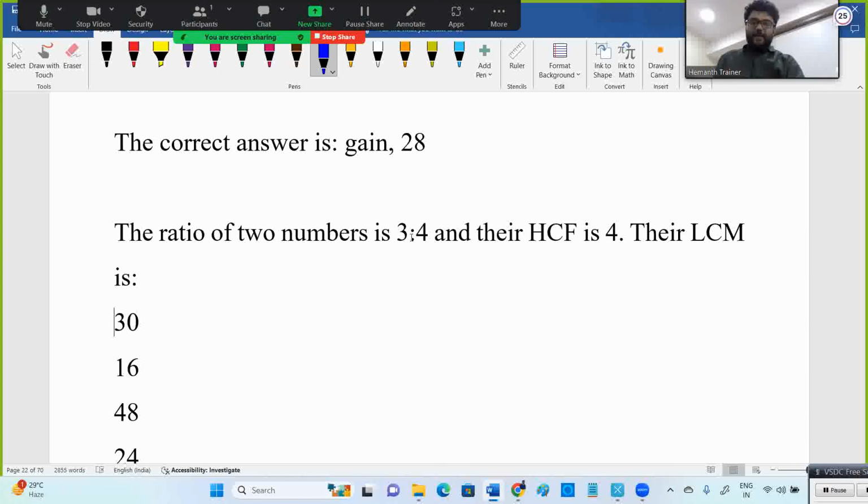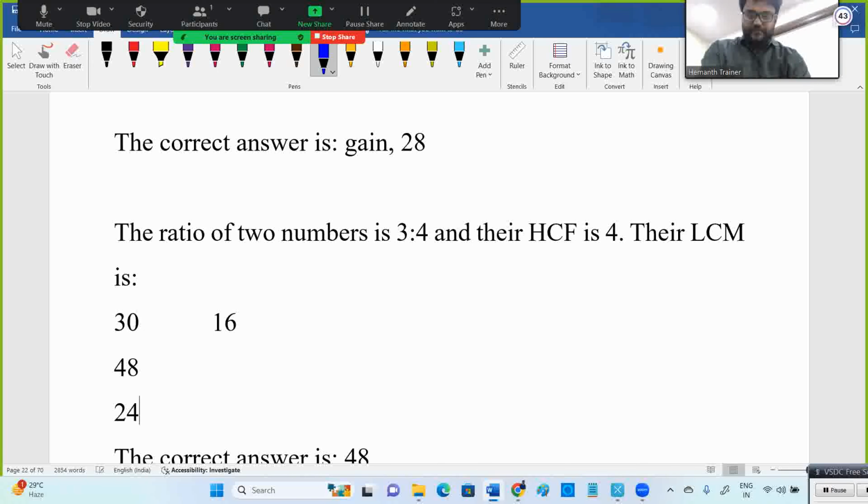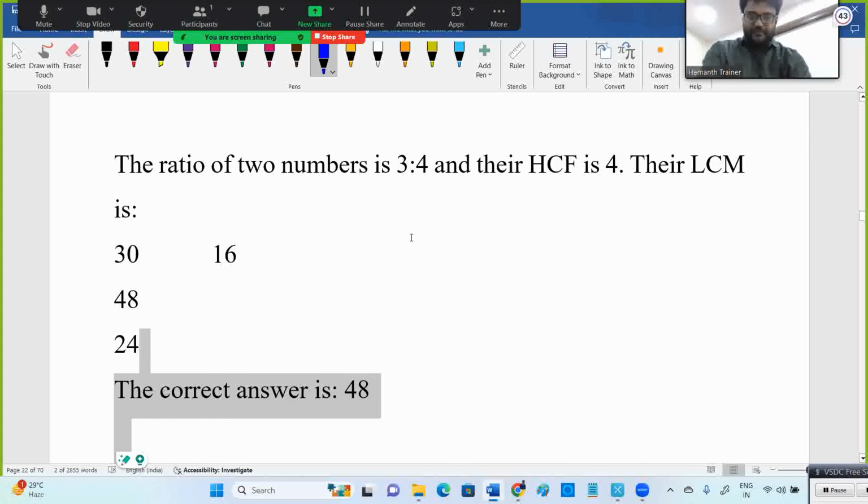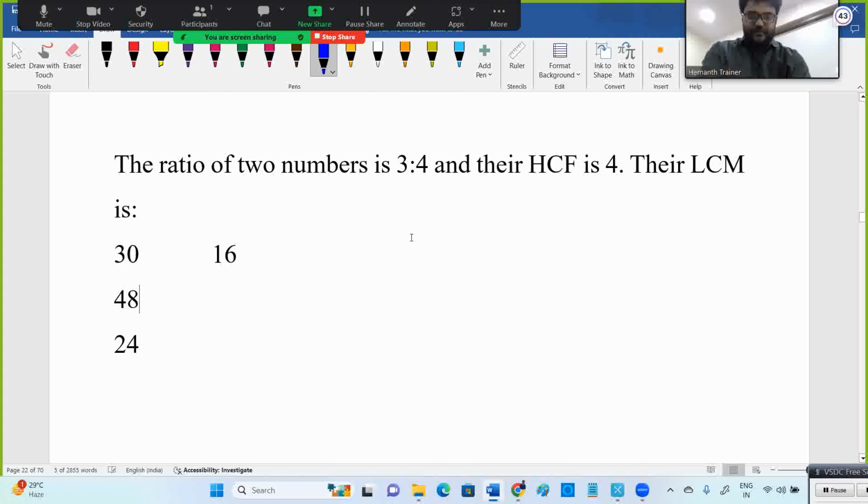I think in the previous session we discussed LCM and HCF. I hope you people can solve this. In the previous class, we discussed a question very similar to this.